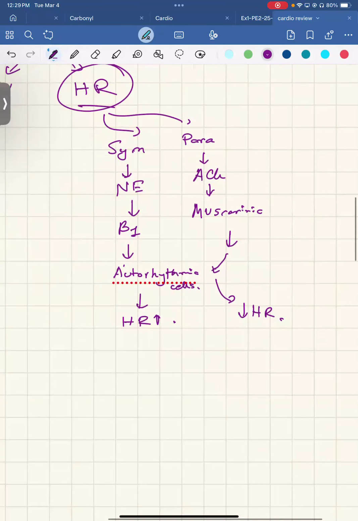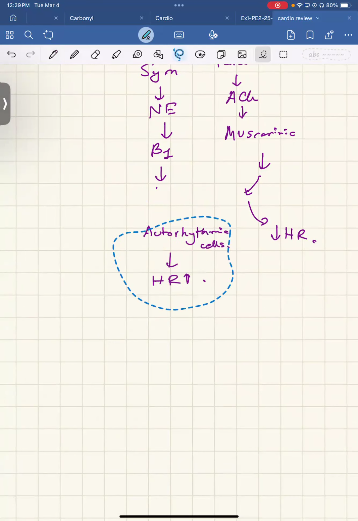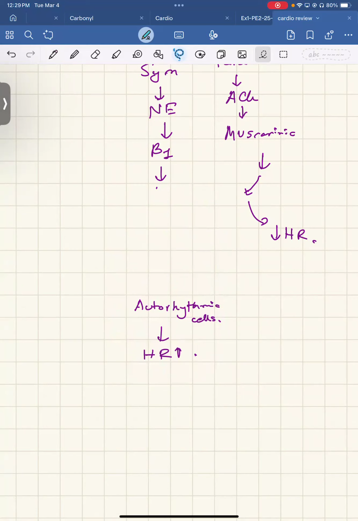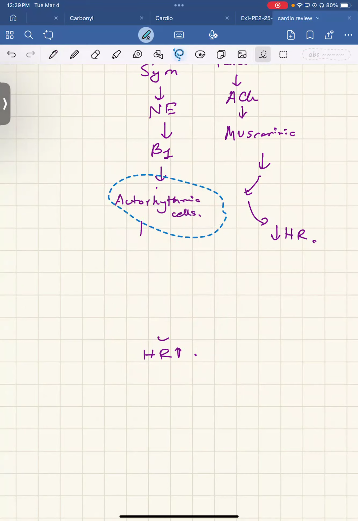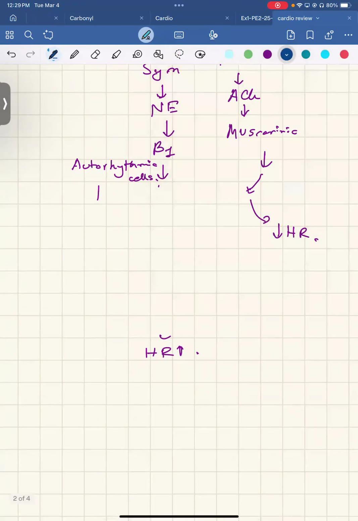Yes, actually, that's a very good idea to do that. So let's say I'm just going to put it down. Okay. So beta one, what do they do? Do you remember what G protein they were connected to? Gs. What does Gs do?